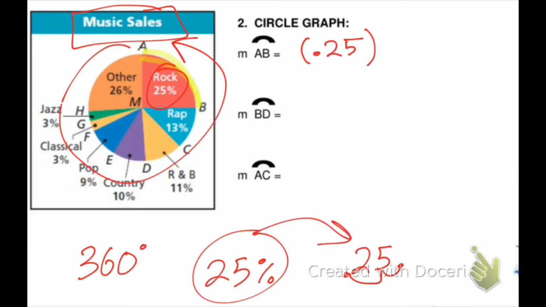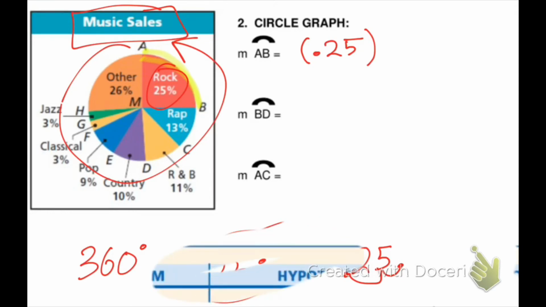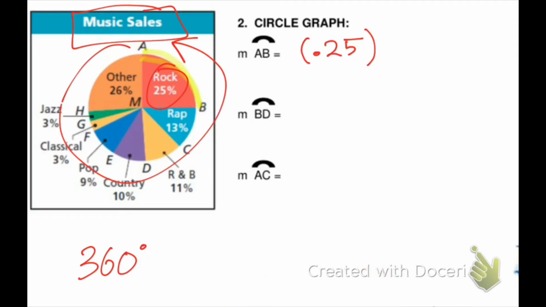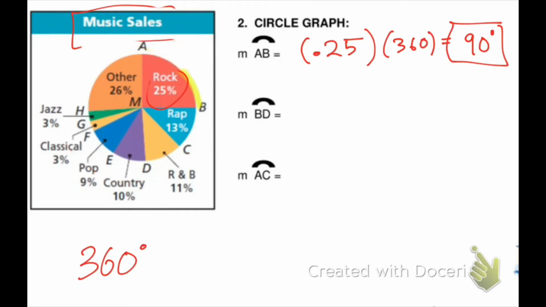That's converting from percentage to a decimal. So you take 25% or 0.25 of the total 360 degrees, and that's going to give you 90 degrees for the rock portion of the sales.